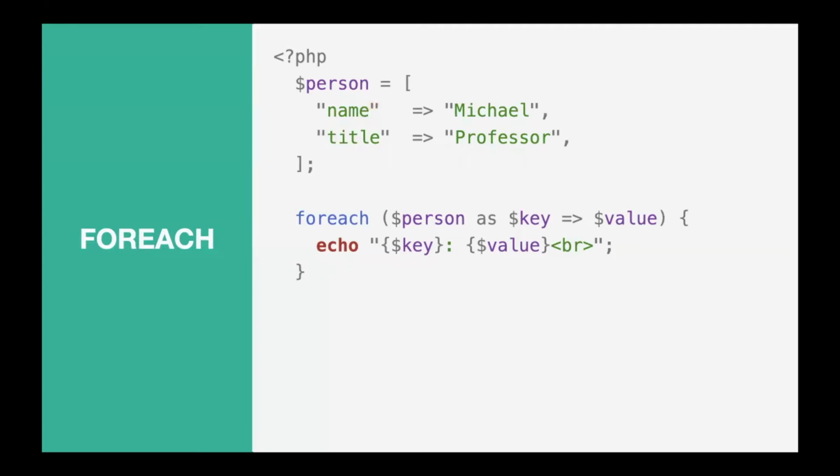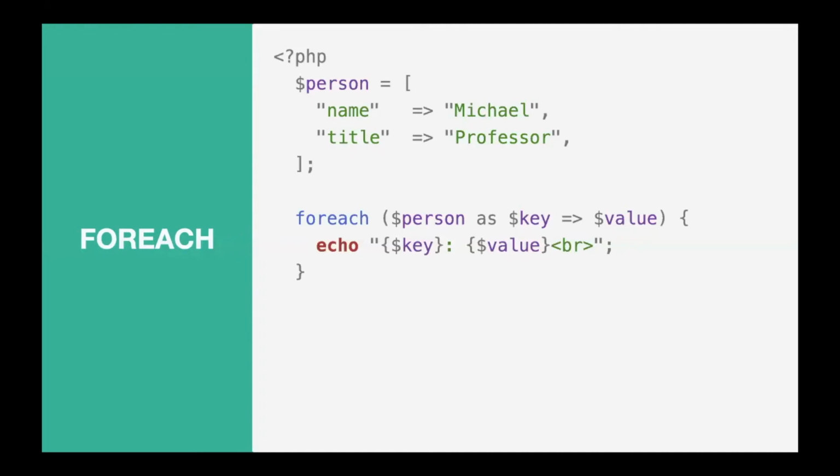So when we want to iterate over an associative array, we can do, again, the foreach, and we call our array person. Then we do the as keyword just like before, but here we can do a combination of things. If we have just a single value, then it will retrieve the value of each key value pair.